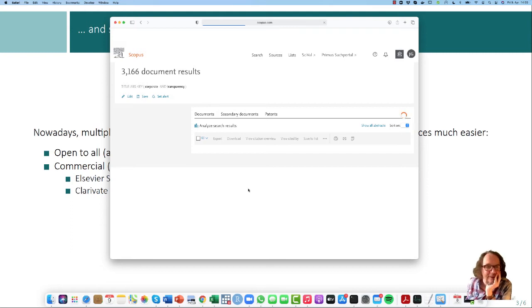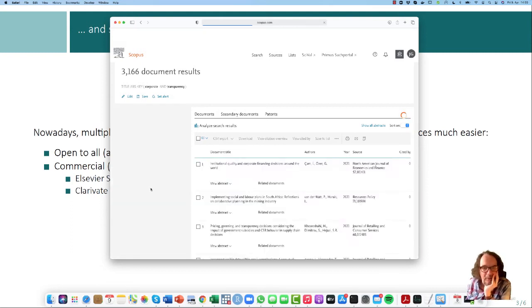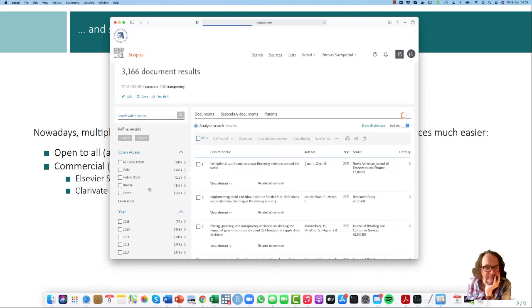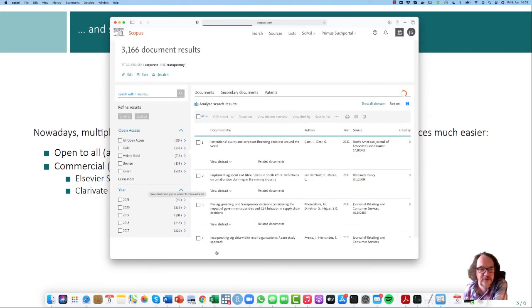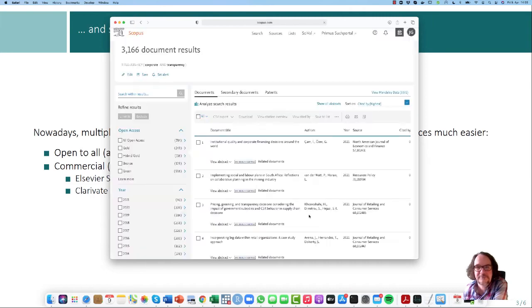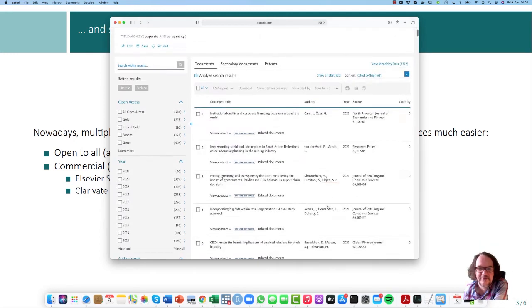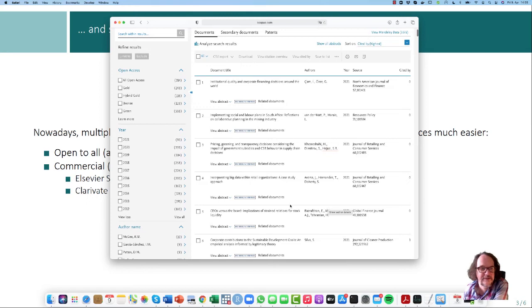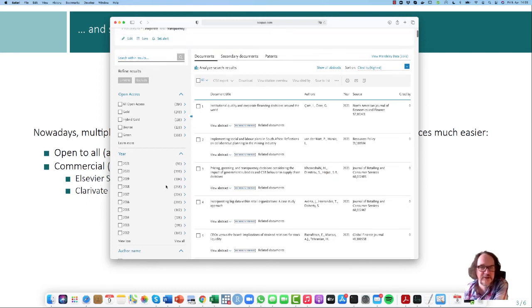So now we searched for corporate transparency, and now you see some of the advantages of actually using the Scopus interface. So the first thing that you see is, here we go, that to the right you find the documents, right?